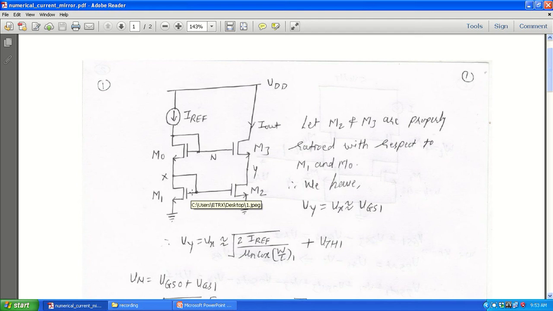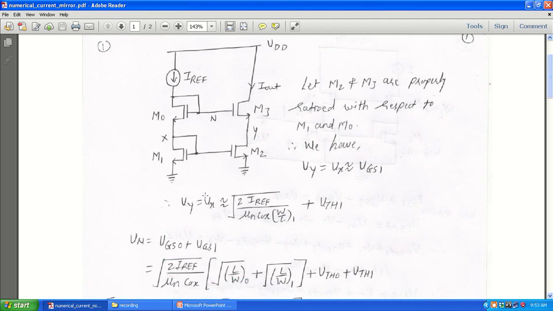So the voltage at X, which is equal to the voltage at Y, I can write as square root of twice I reference upon mu n C naught X W by L of 1, plus VTH1. This comes from our basic equation because it is in the saturation region. We know the equation for ID, and from there we can get the value of VGS.